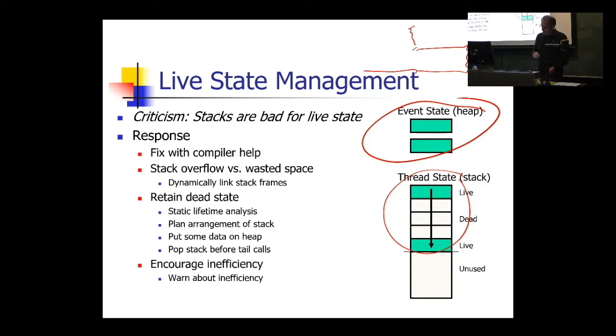Whereas in the thread-based model, when you call a function, stuff gets allocated on the stack. I've got some leftover scribbling from last time I did this lecture. Apologies. We can see all the variables allocated inside this stack frame, and there's 5 of them.